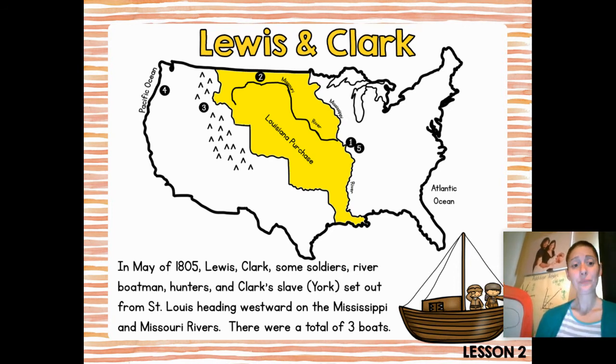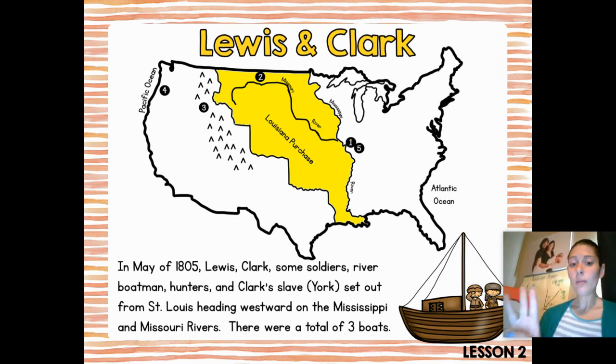All right. So in May of 1805, Lewis, Clark, some soldiers, river boatmen, hunters, and Clark's slave set out from St. Louis heading westward on the Mississippi and Missouri rivers. They were on a total of 3 boats.